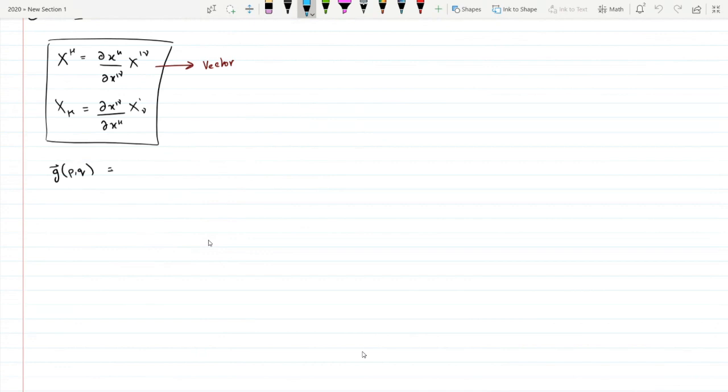I said, well, G itself is made out of, do you remember this? We had our outer product. Same. Right? And if I have something in the bracket, it means I'm just going to take it dotted with P, dotted with Q. Do you remember?